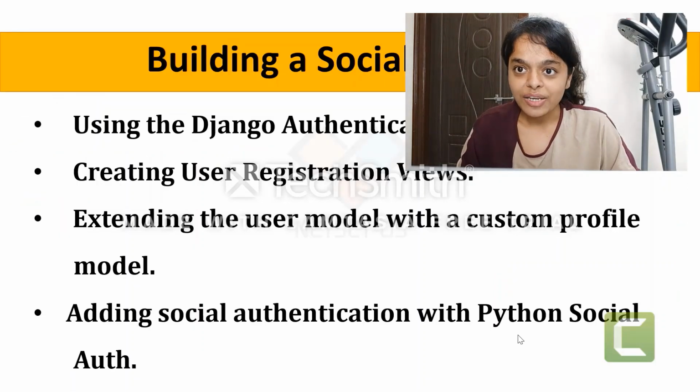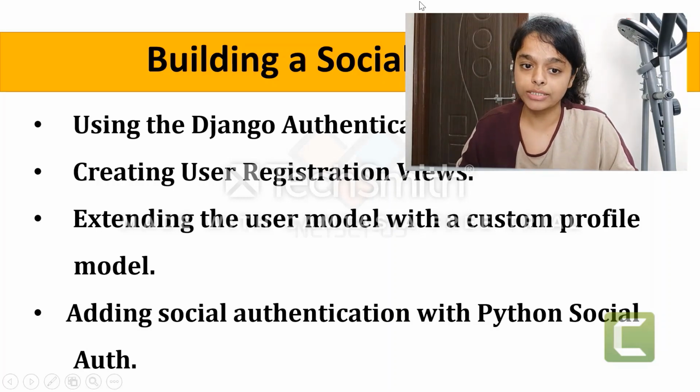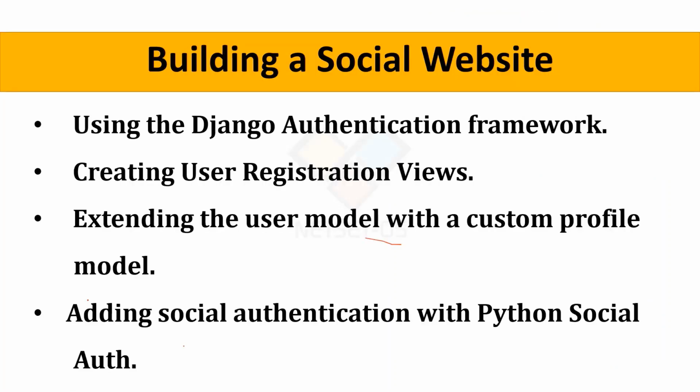So let's get started. Here I have divided this video into 4 parts. First I'll be creating a social website project, and then I'll be using the Django Authentication Framework, and here we will create login view, logout view, and for password I'll use 2 views, changing password as well as resetting password.